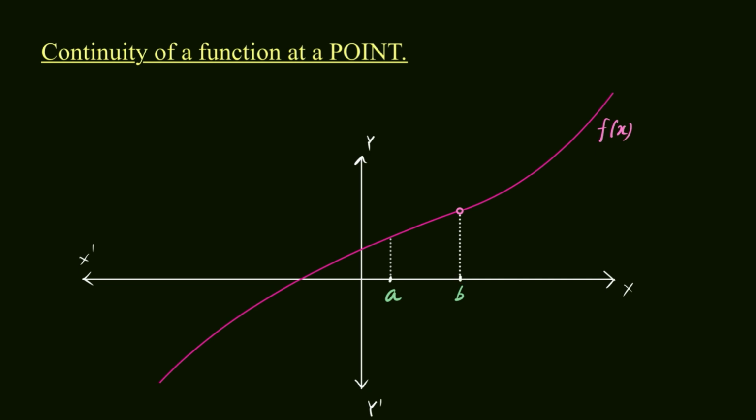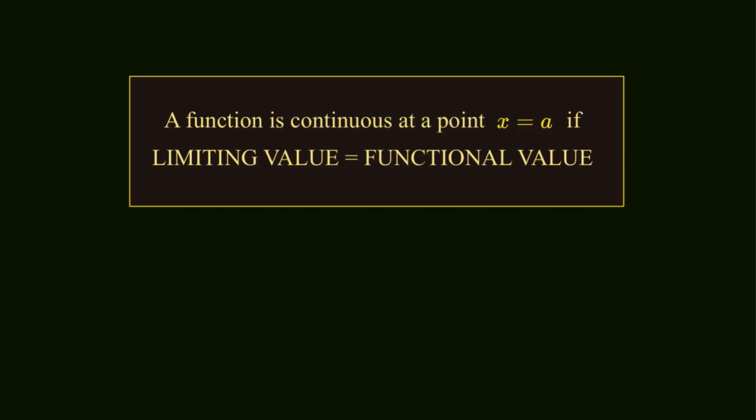But every time we cannot check the graph of a function, so there should be some method to see whether the function is continuous or not at a particular point. A function is continuous at a point x equals a if limiting value equals functional value. Limiting value is simply the limit which we used to calculate in class 11. So a limit, x extending to a, f of x.